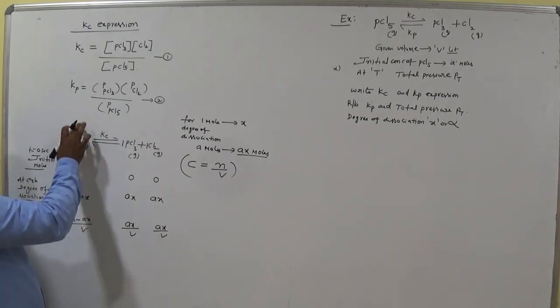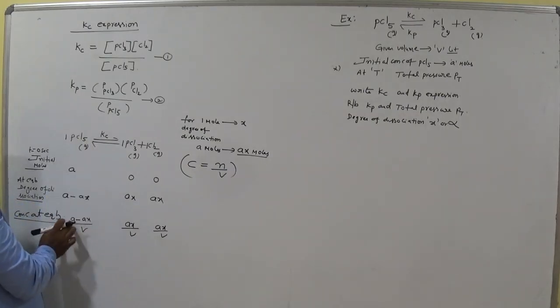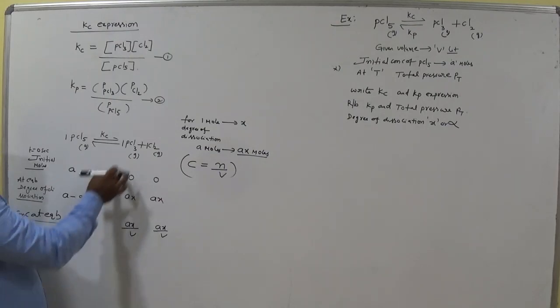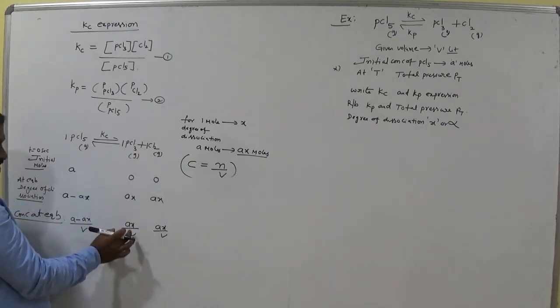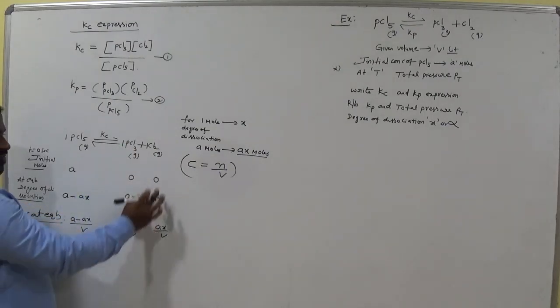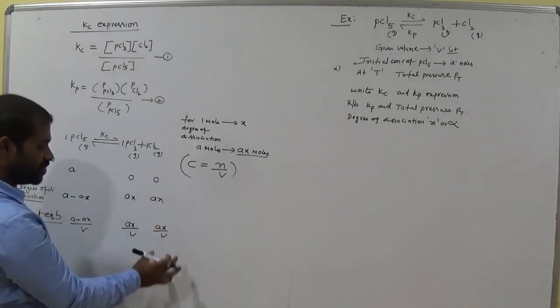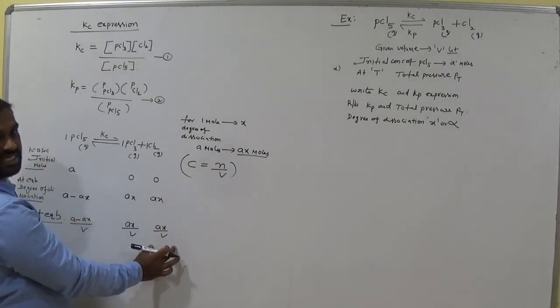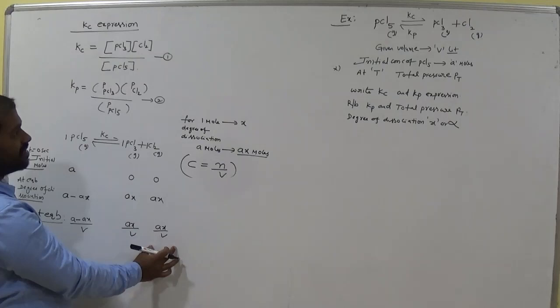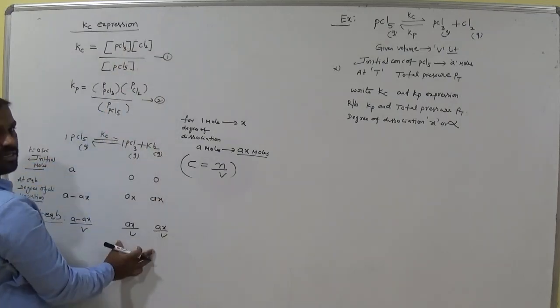The molar concentration of PCl5 is A minus Ax by V. The molar concentration of PCl3 is Ax by V. The molar concentration of Cl2 is Ax by V. Is it clear, all of you?